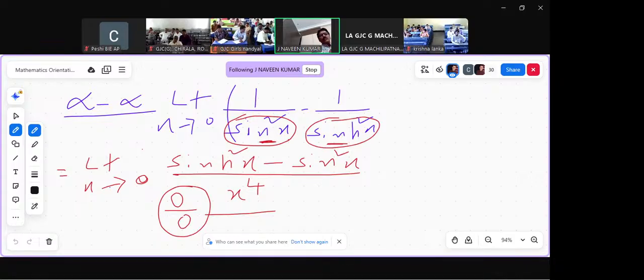If you apply it, the resultant step is also in 0 by 0. If you observe, again it is in the form of 0 by 0. So we need to apply this L'Hospital rule 4 times. Then you will get the answer easily.